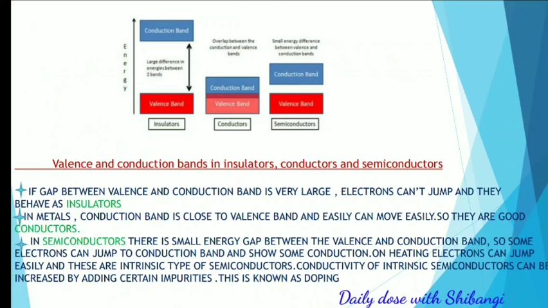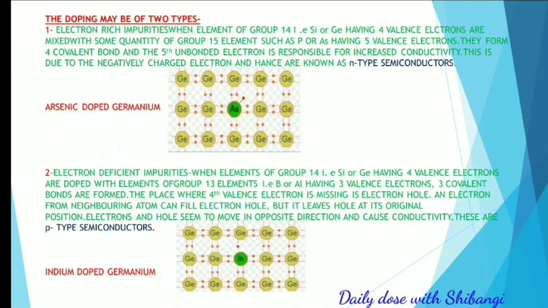Conductivity of intrinsic semiconductors can be increased by adding certain impurities. This is known as doping. Again, the doping may be of two types.